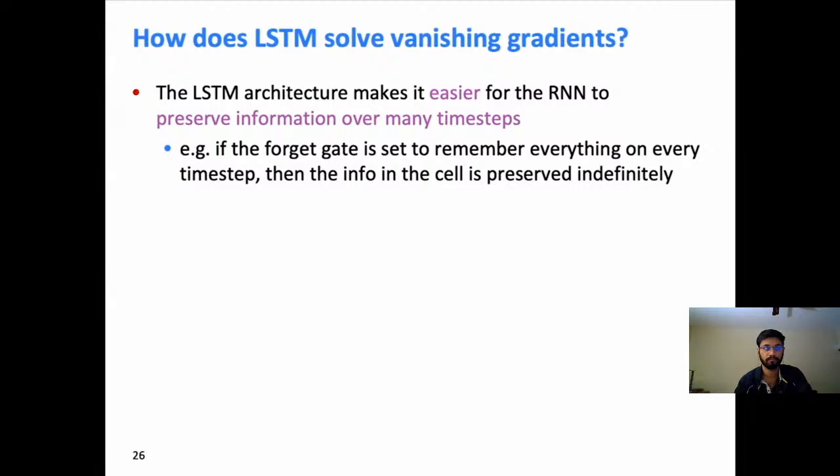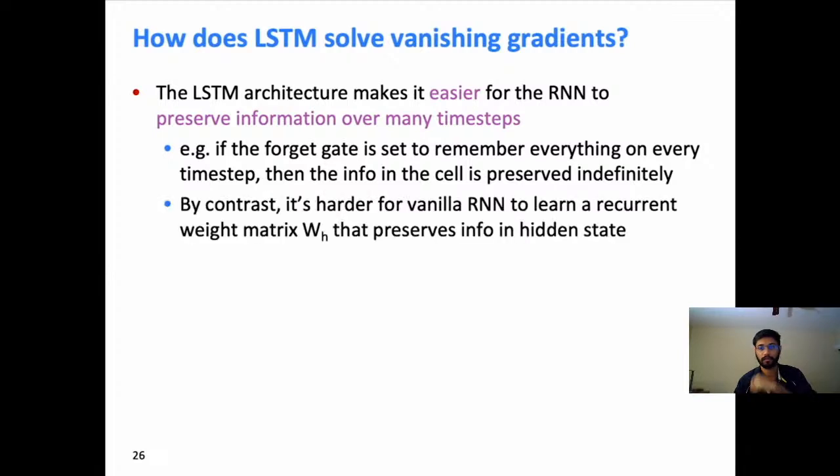So I don't know if that's actually a good strategy for whatever task you're trying to do, but my point is that there is at least a fairly straightforward way for the LSTM to keep the information over many steps. And as we noted, that's relatively harder for the vanilla RNN to do. So you can think of this as the key reason why LSTMs are more able to preserve the information and thus are more robust to the vanishing gradient problem.